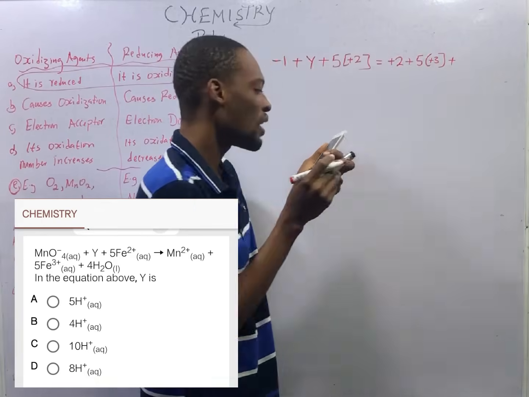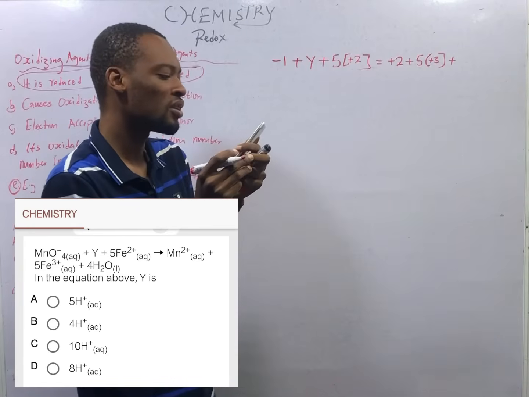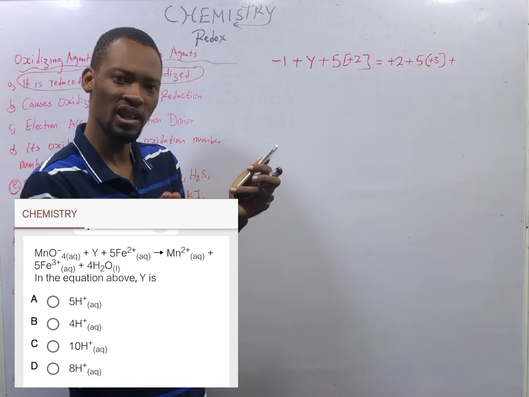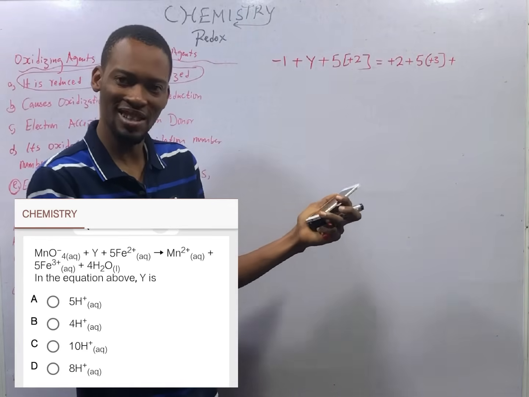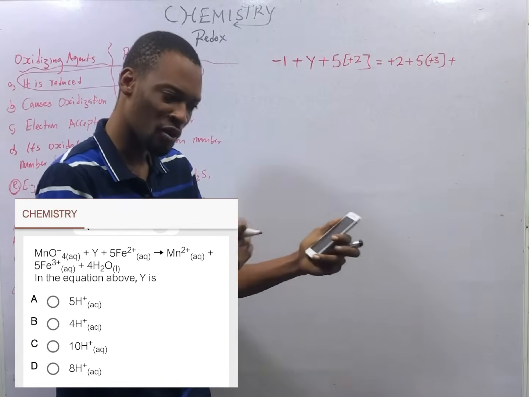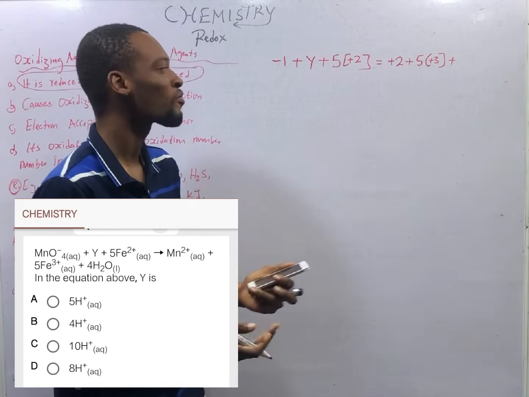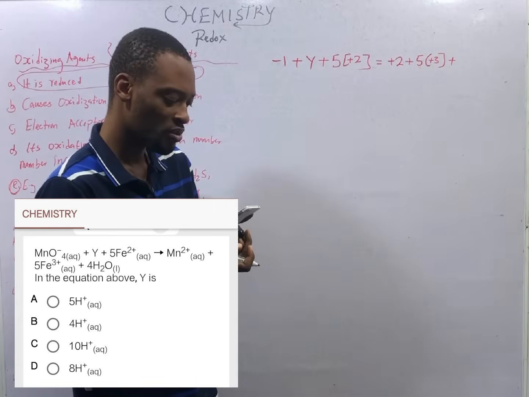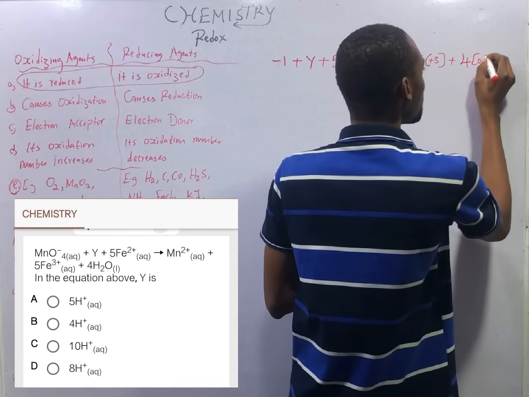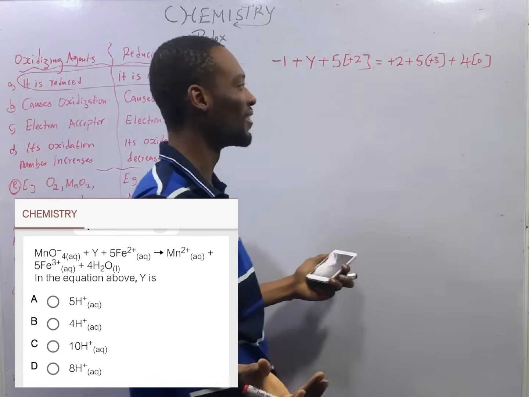Plus, we have 4H2O. For H2O, there is no charge. It is just a compound. And for a compound, the charge is 0. The oxidation number of a compound is the algebraic sum of the elements making up the compound, which will give you 0 oxidation number. So we have 4H2O. That is 4 times 0, which will still give you 0.